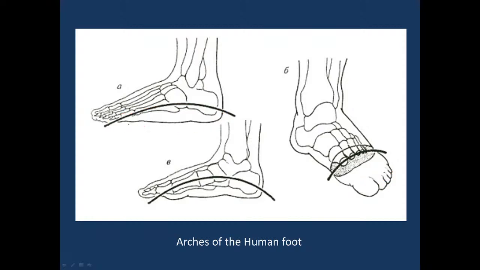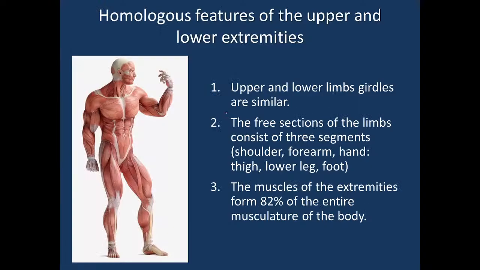It is arched, because it helps people to stand vertically and move only with the support of the lower limb. So that is a very important organization of our foot.